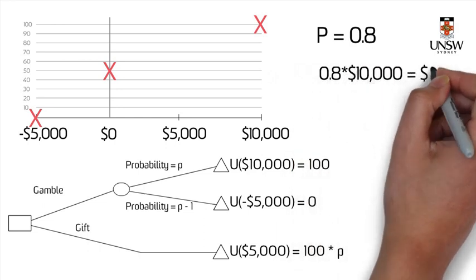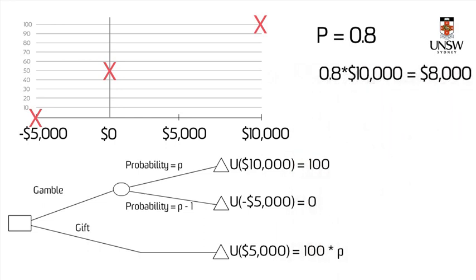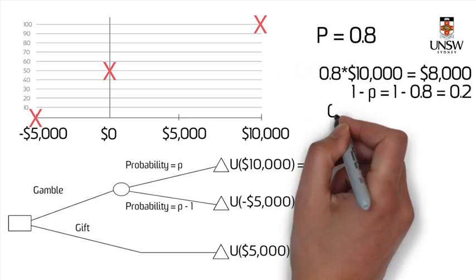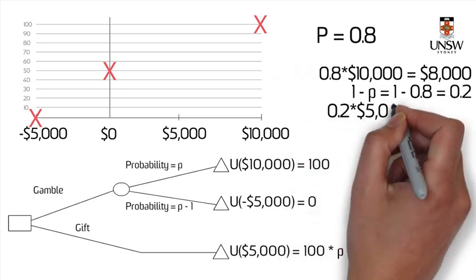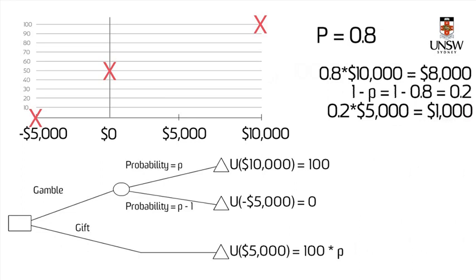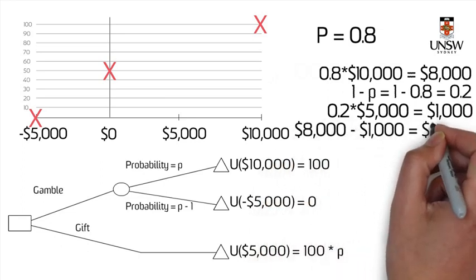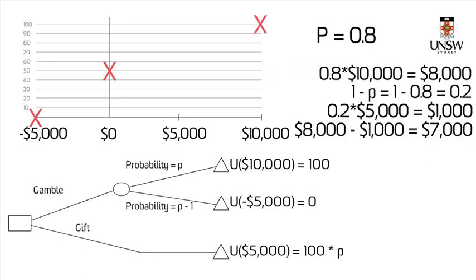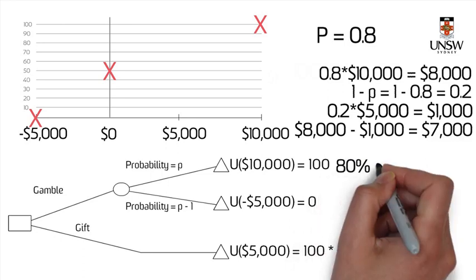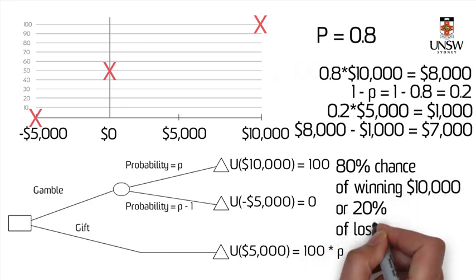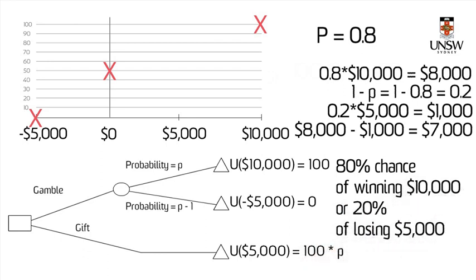That times $10,000 gives us $8,000. 1 minus P gives us 0.2 times $5,000 gives us $1,000. So the EMV in this case would be $7,000. So your choices are 80% chance of winning $10,000 or 20% chance of losing $5,000, or I just give you $5,000.